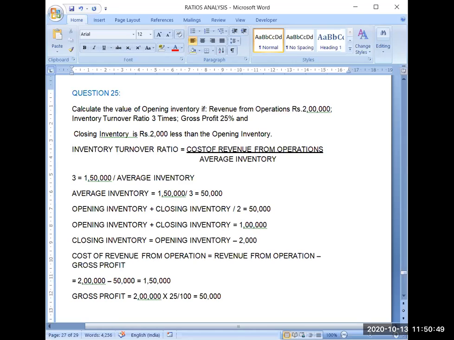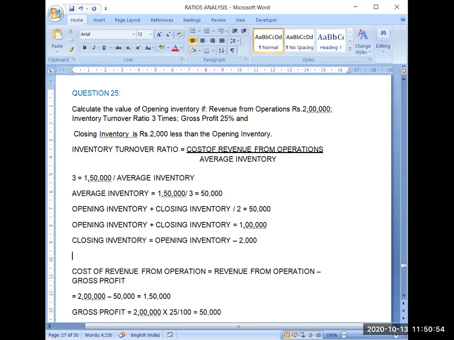So this is the equation which is given by the question. Now I can convert it into equation form. I can write it closing inventory minus opening inventory is equal to minus 2,000. Because closing inventory is less than the opening inventory and the difference is 2,000, that's why the answer will be negative, minus 2,000. Simple math I am doing here.